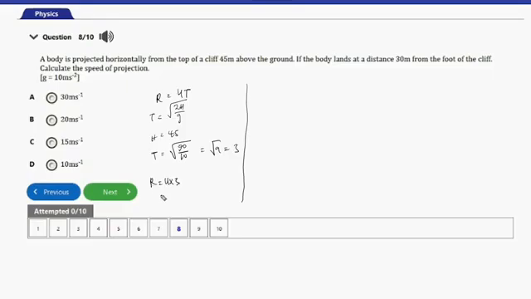Since range is equal to ut, then u will be range over t. The range given to us here is 30 meters, and t is 3. So 30 over 3 is 10. So that's option D here. Let's go ahead and consider the next question, guys.